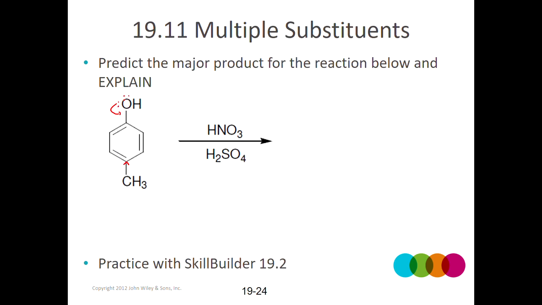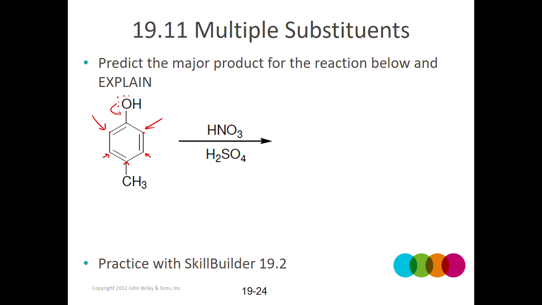So we expect the oxygen, as its lone pair gets shifted into resonance, to direct the new nitro group to positions that are ortho or para to it, and the para is already occupied. We expect the methyl group to direct the new group into positions that are ortho and para with respect to it. The para is already occupied.